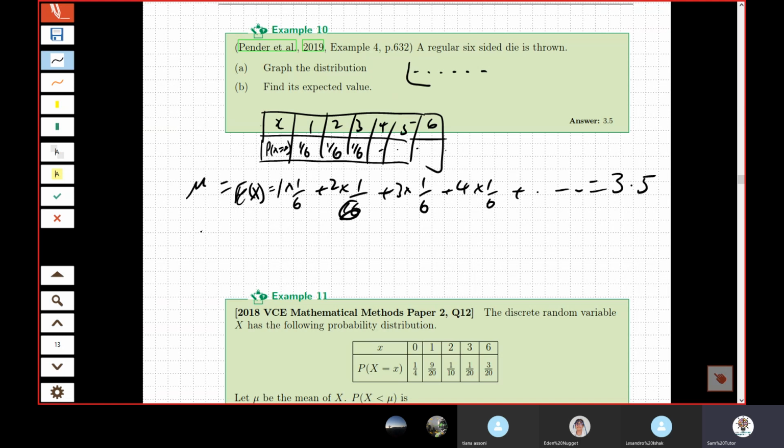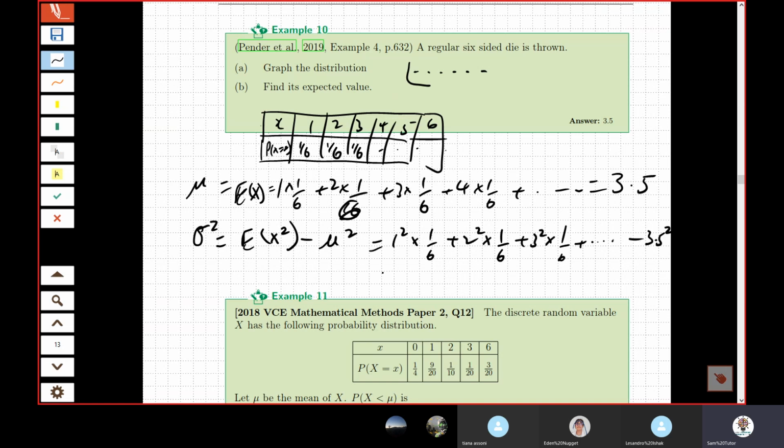Let's do variance. My variance is the E of x squared minus mu squared. So that means 1 squared times 1 on 6 plus 2 squared times 1 on 6 plus 3 squared times 1 on 6, minus 3.5 squared. And I'm sure the variance should give you 1. Should.